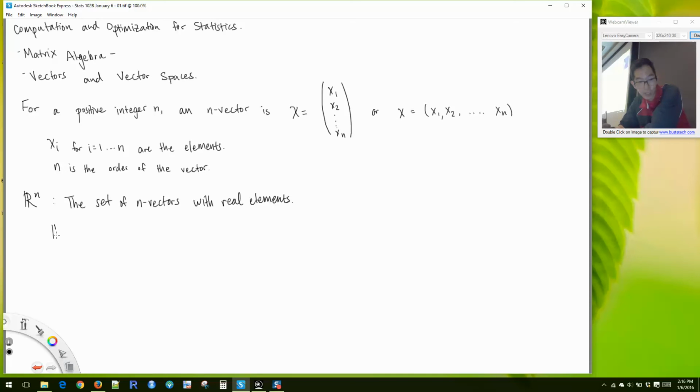We can define this as the set of all n vectors where every x sub i is an element of the real numbers, for all i's 1 through n.